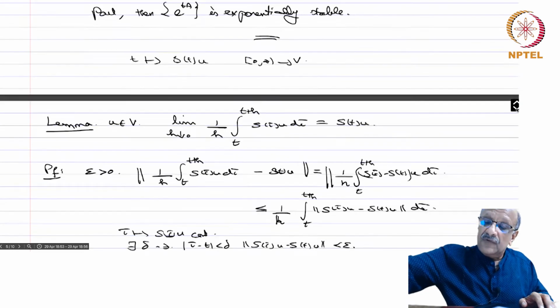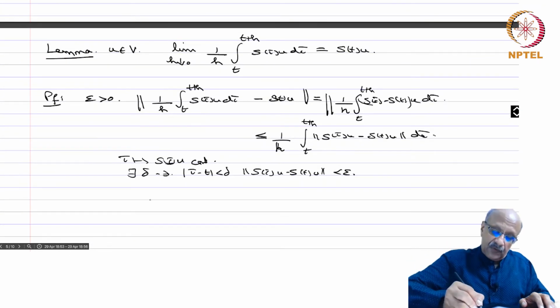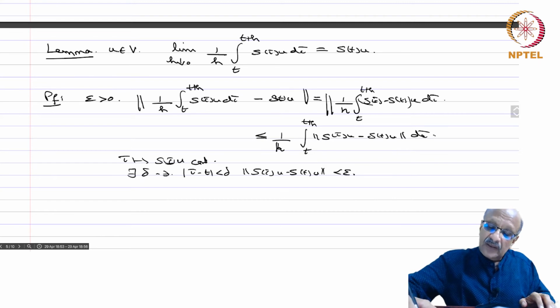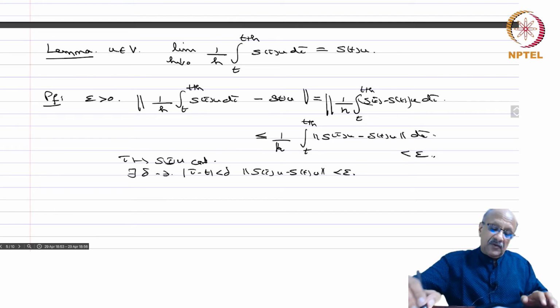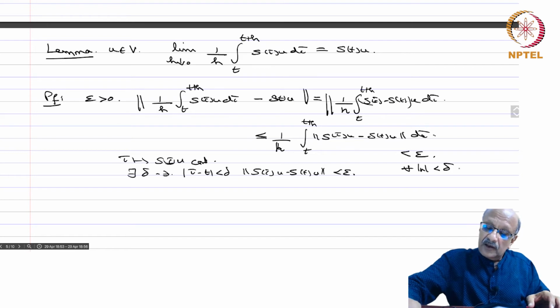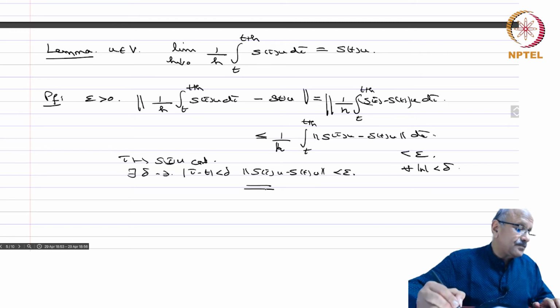That is just the definition of continuity, and therefore you have that this thing is less than epsilon for all mod h less than delta. Okay. So, this proves the lemma.